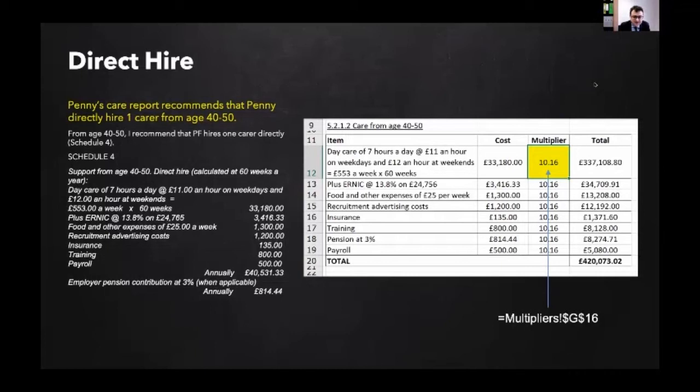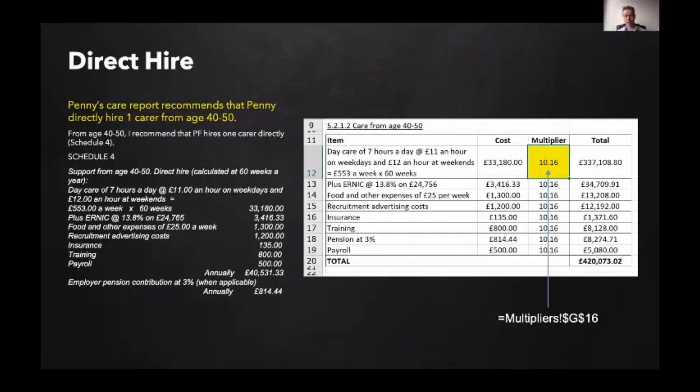Firstly, the 60 week year, and secondly, the additional expenses associated with employment. You then put those in as your multiplicands. As Anna's explained, you apply the split multiplier, copying it from the multiplier section of your schedule, and Excel works all the magic for you. And what would otherwise be quite a complicated exercise becomes very straightforward.